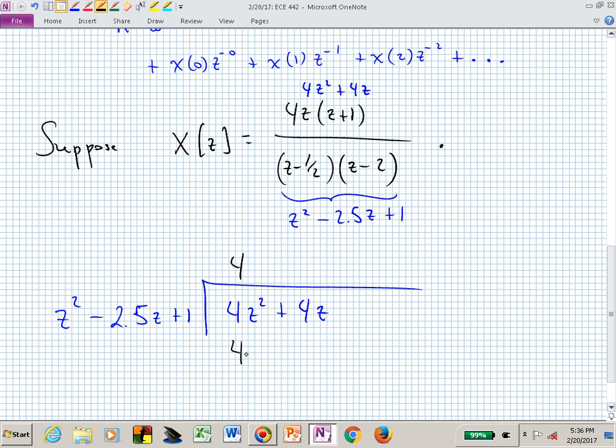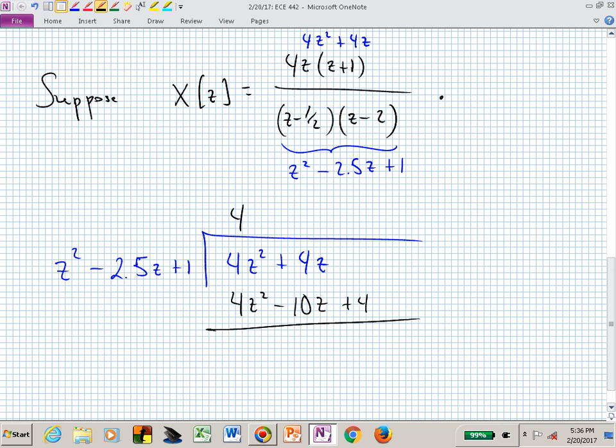If I do that, I want to take that away from what I started with, my initial numerator. Now I have 4z squared, and 4 times 2.5 with a negative sign is 10, giving minus 10z, and 4 times 1 is 4.